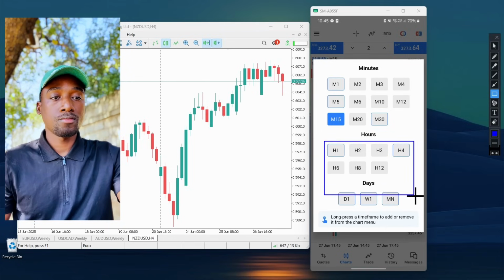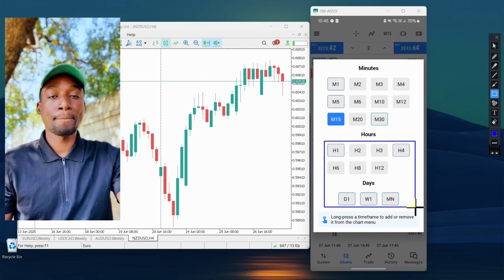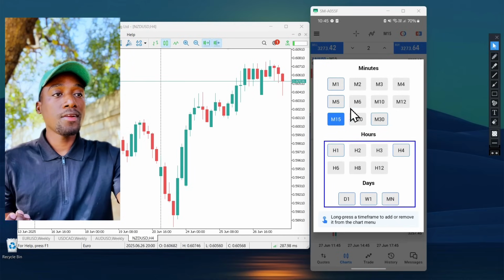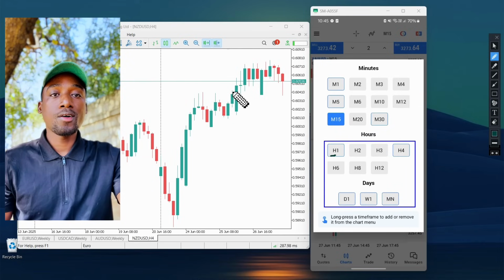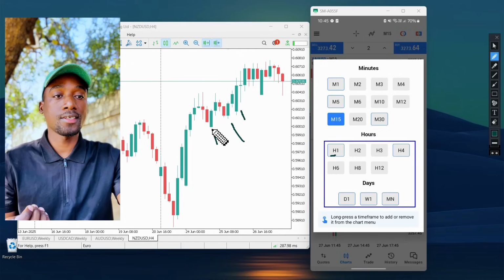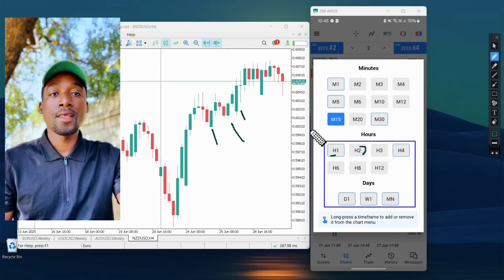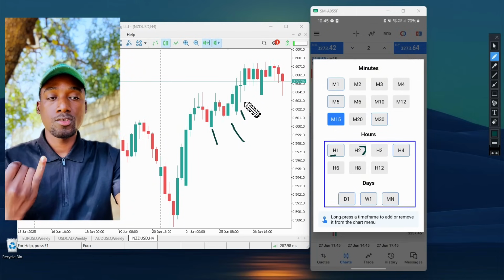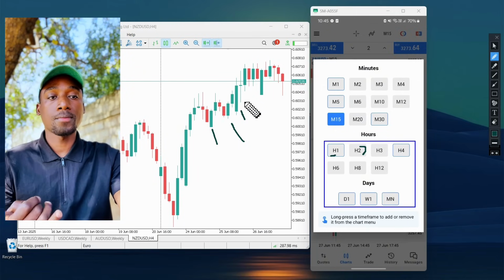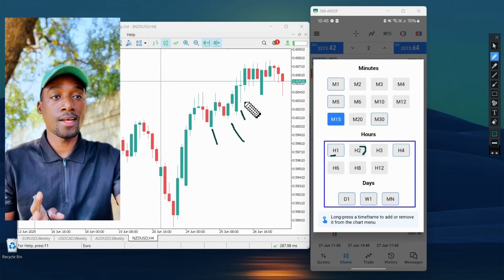H1, which is 1 hour, to MN. You remember I mentioned the trading logic of the candlestick. If we change the time frame to 1 hour, every candlestick you see here will represent 1 hour. If we change it to H2, every candlestick will represent 2 hours. Simple. I trust that you understand now.